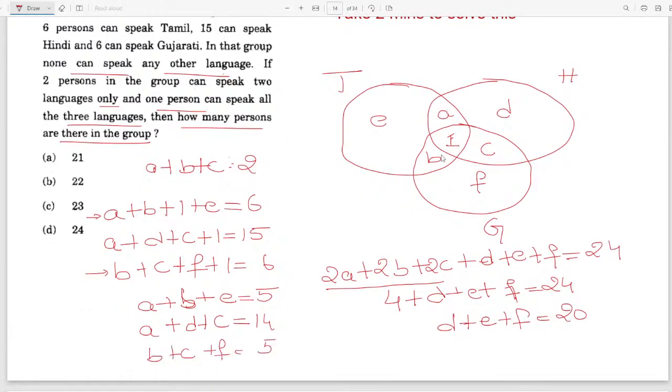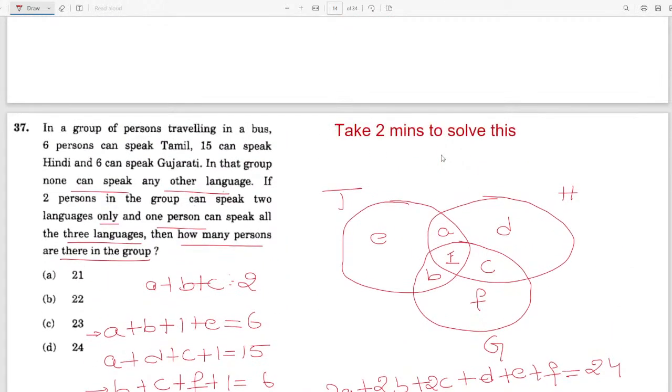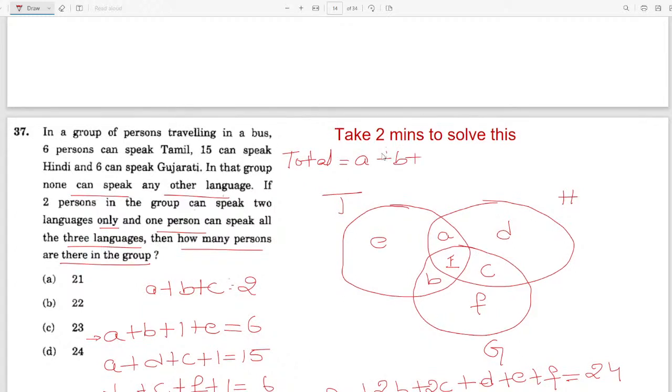So the total is equal to A plus B plus C plus E plus D plus F plus 1.